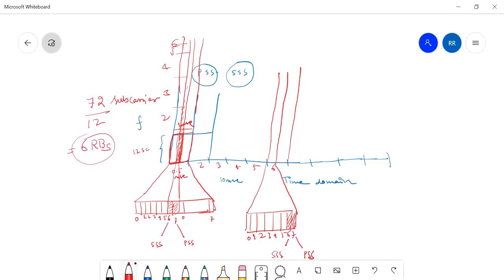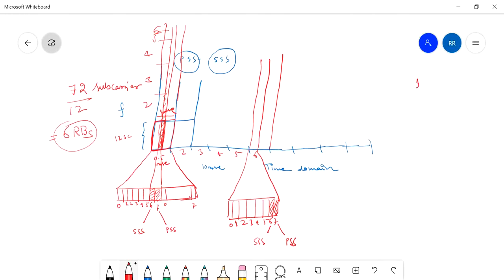Right, on the time domain they are present on the first subframe and sixth subframe, sixth and seventh symbol.